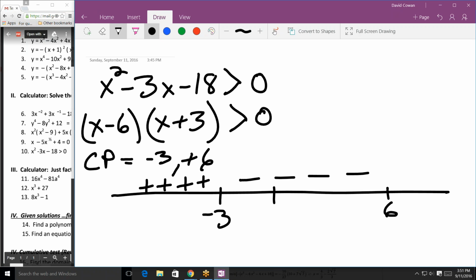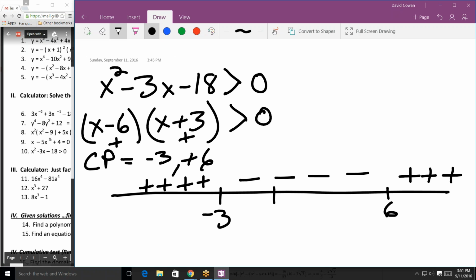In other words, you could pick 100, wouldn't matter, but 7's easier to do the arithmetic. Well, when x is 7, what is x minus 6? Positive or negative? Positive. What's x plus 3? Positive. Which means plus times plus is plus. That is greater than 0, so I can make that statement.